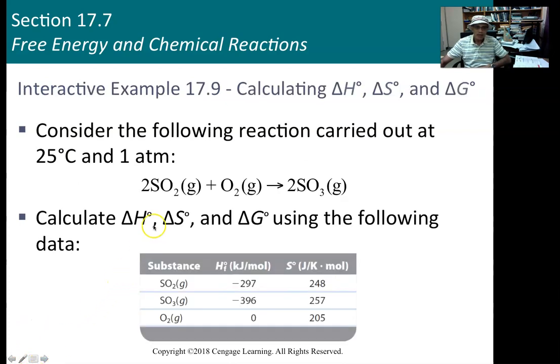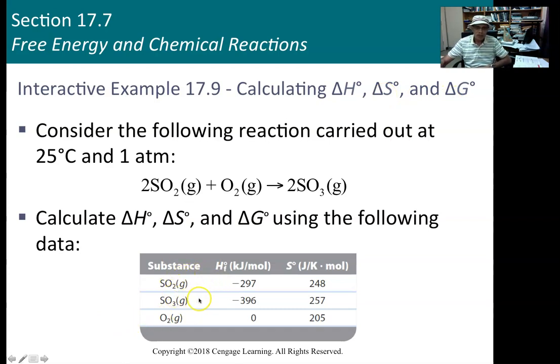So here's an example. Calculate the standard enthalpy change, standard entropy change, and standard free energy change from the thermochemical data.